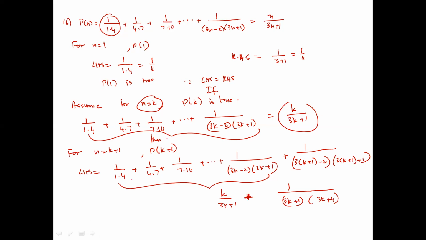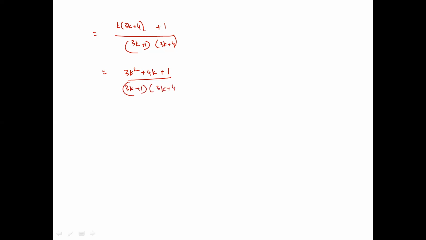So I have to take the common denominator. The common denominator will be (3k plus 1) into (3k plus 4). So the numerator will be k into (3k plus 4) plus 1. So I can take 3k square plus 4k plus 1 by (3k plus 1) into (3k plus 4).